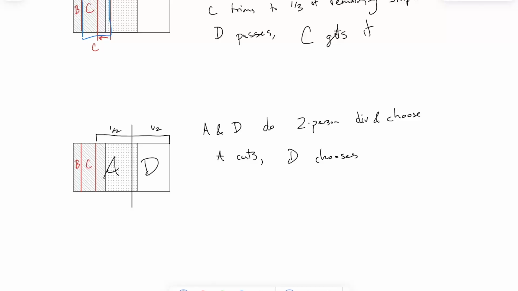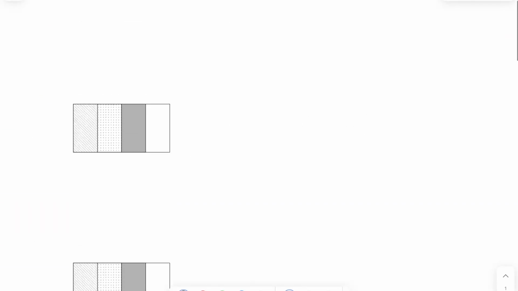All right, I got one for you all. It's just on the back of that same sheet. I would like you to try the last diminisher here, and I will tell you what they like. Let's say A likes the gray only, B likes the stripes and the dots, C likes all of the area equally, and D likes the dots and the gray.